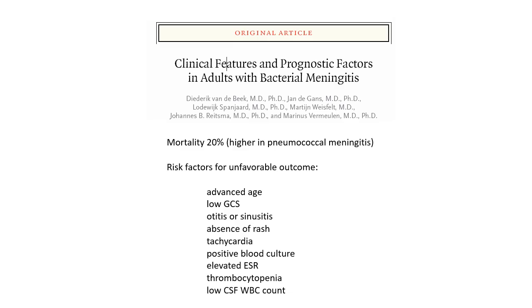Some of the risk factors for an unfavorable outcome could be advanced age, a really low Glasgow Coma Scale score, any otitis or sinusitis, the absence of a rash, because a rash would be more suggestive of Neisseria, which tends to be more treatment responsive, tachycardia, a positive blood culture, so basically they're septic, an elevated ESR, thrombocytopenia, and a low CSF white blood cell count.